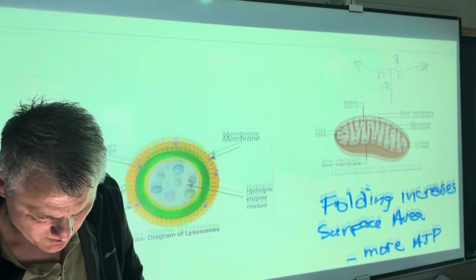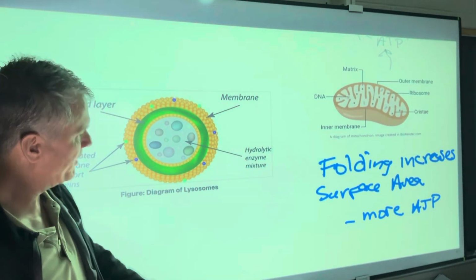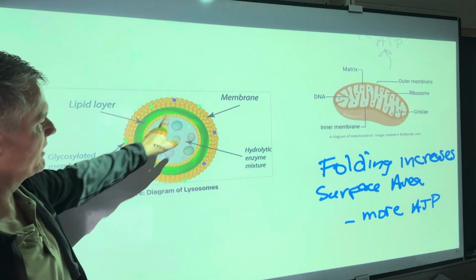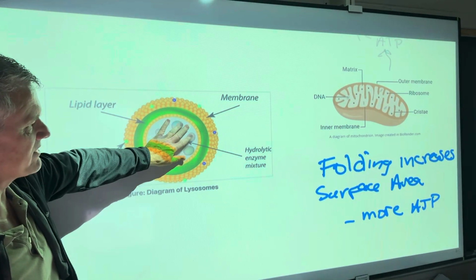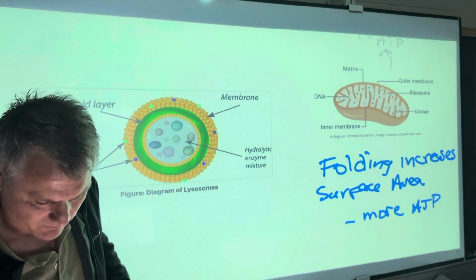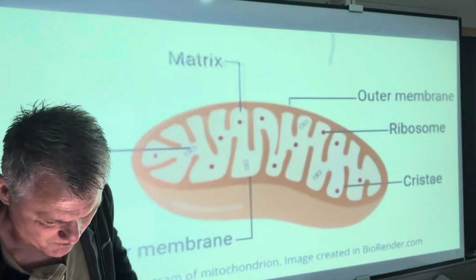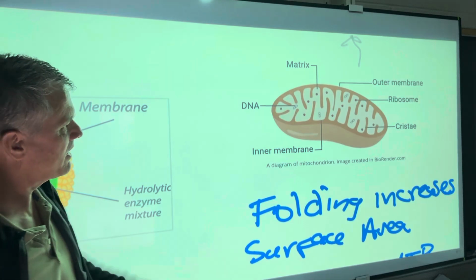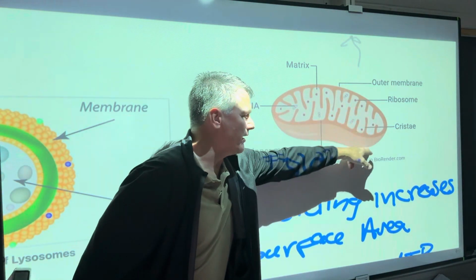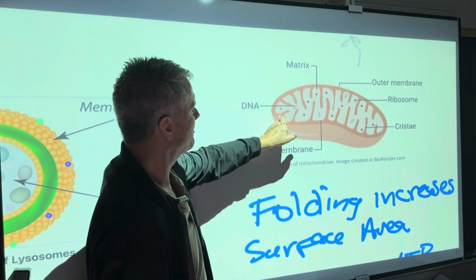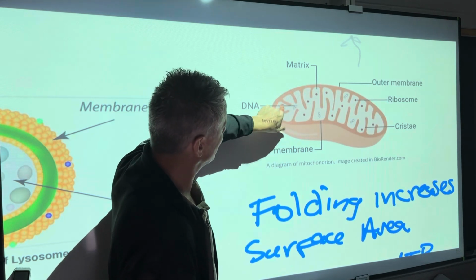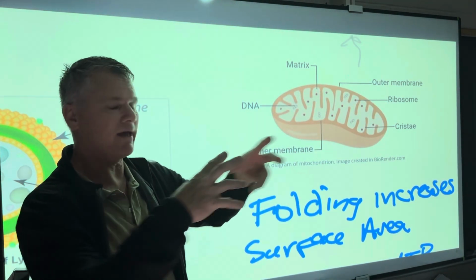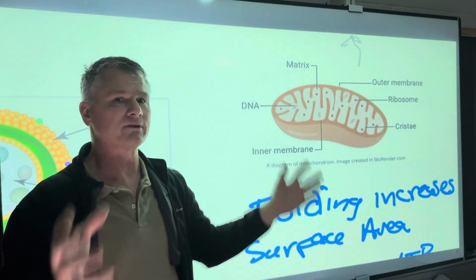Now, some things I want to point out. Here's that lysosome I was talking about, and this is that hydrolytic enzyme mixture. I'm not going to talk about it again. You all know this is the mitochondria, and you notice it has an outer membrane and then an inner membrane. That inner membrane, you can see, is wavy because we want to increase the surface area.